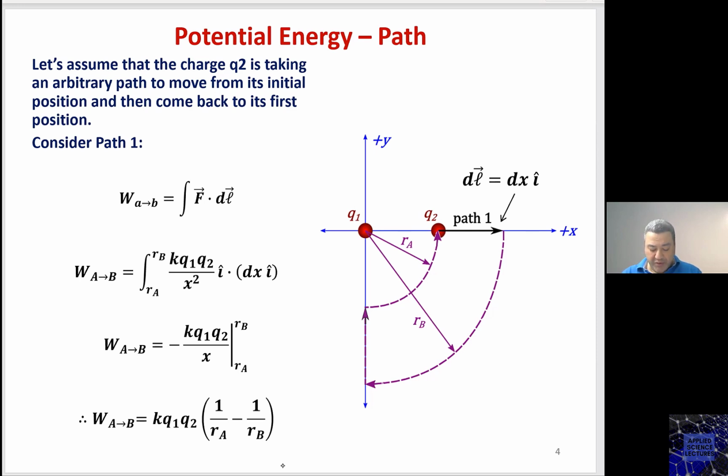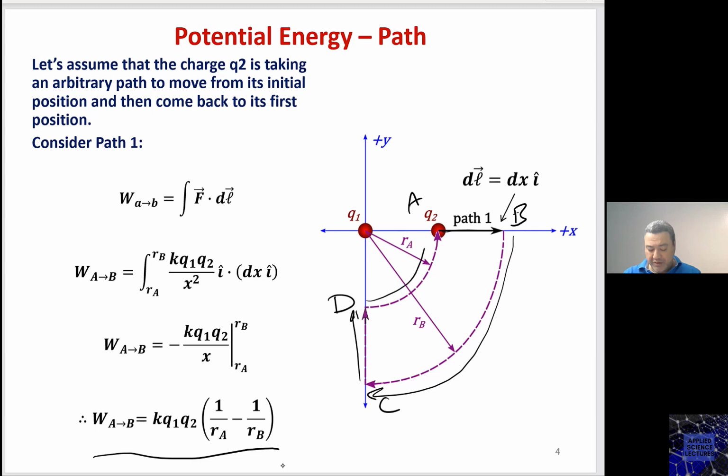Now regarding path 2, we said that we have here A, B, C, and D. So this is the work that we get for going from point A to point B. Now, if I want to evaluate the total work that the field is doing on this charge, the field coming from Q1, if this charge goes all the way through path 1 and then comes through this path, BC, and then CD, and then DA, how much would be the total work?